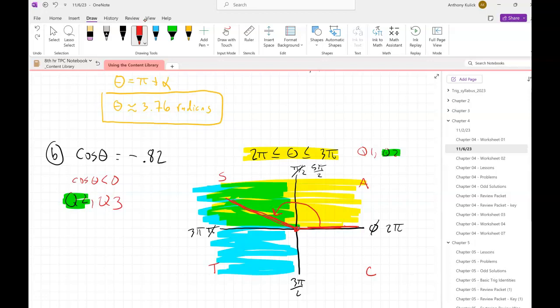So there's my angle theta. Notice that I went around more than once, right? Because my answer is between 2 pi and 3 pi. So I had to go around one full time to 2 pi and then to my answer, right?